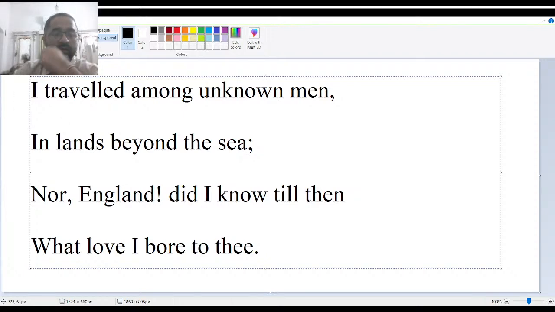Okay, let's isolate the multisyllabic words. The first one is traveled, 2 syllables. Among. This is Wordsworth, by the way, one of his very famous poems. Beyond in the second line. England. And then you do not have any multisyllabic word. Okay. Nouns.